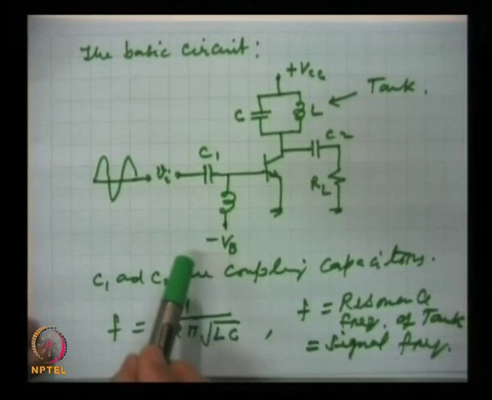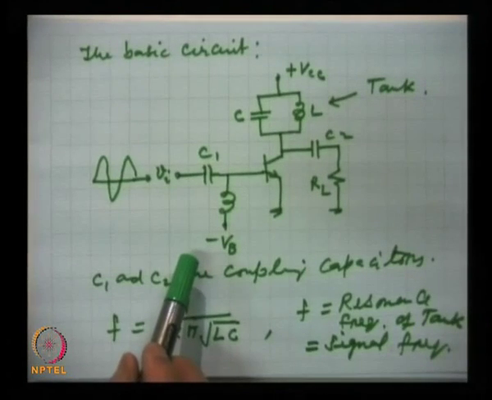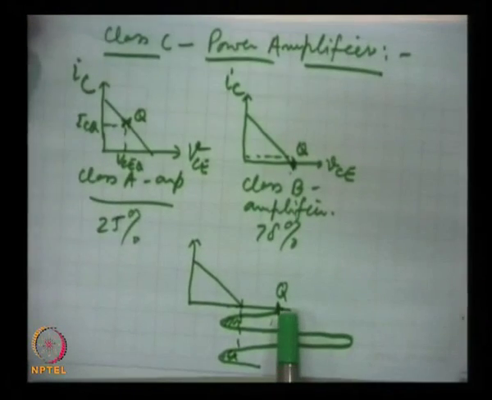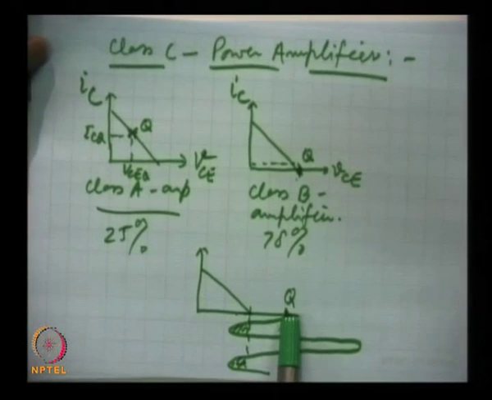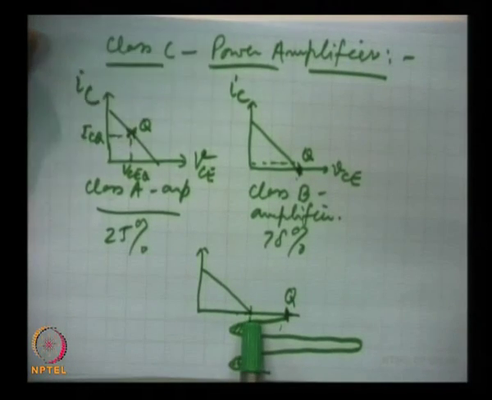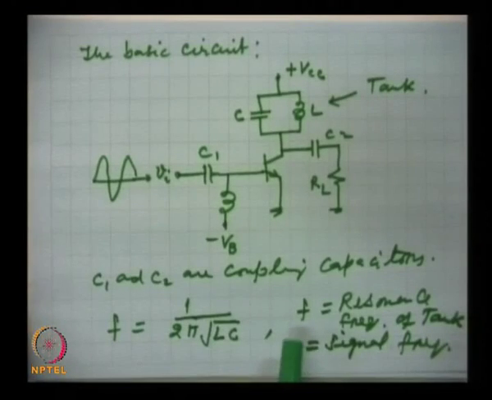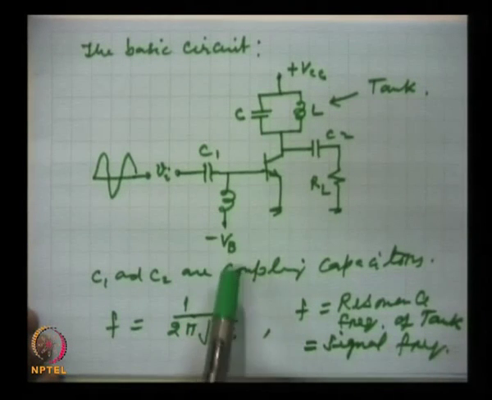The important thing here, as I mentioned, is that in class C we bias much away from the cutoff point. It is so negative, and that negative bias is provided through this inductance from here.